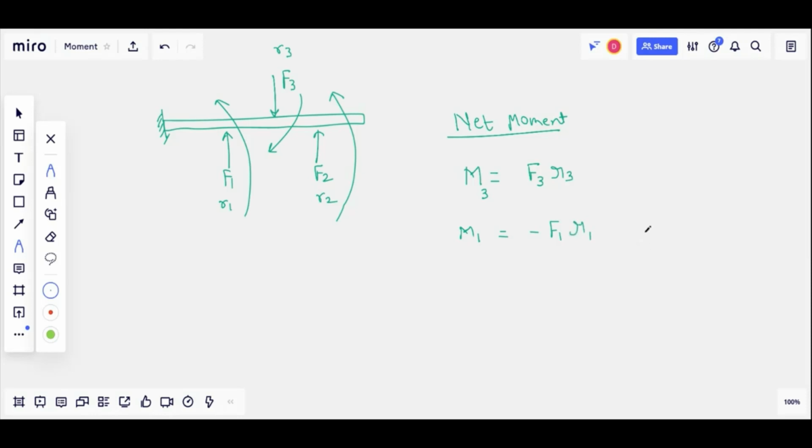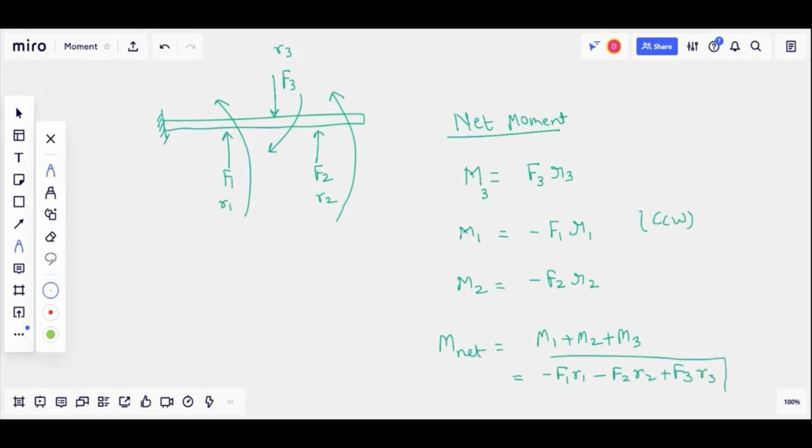Why? Because we know that it is counterclockwise. So counterclockwise we usually take as negative, while M2 will also be negative, F2R2. So M net, as in the net moment, will be M1 plus M2 plus M3, since the signs are already being taken care of. So we have negative F1R1, negative F2R2 plus F3R3. So this is the net moment in this case.